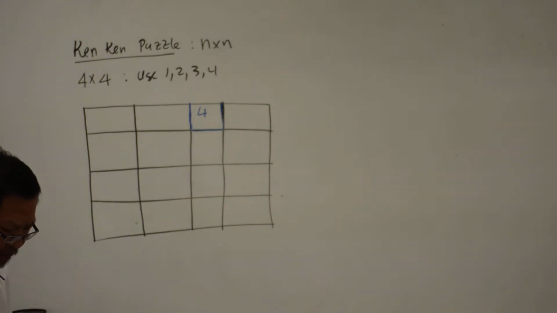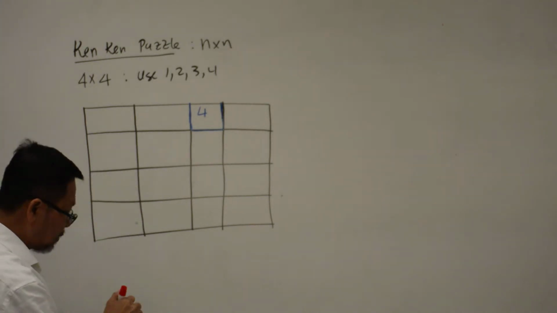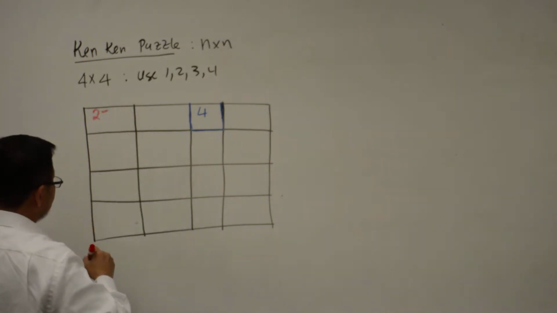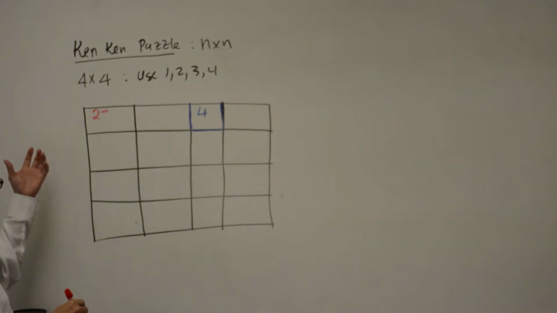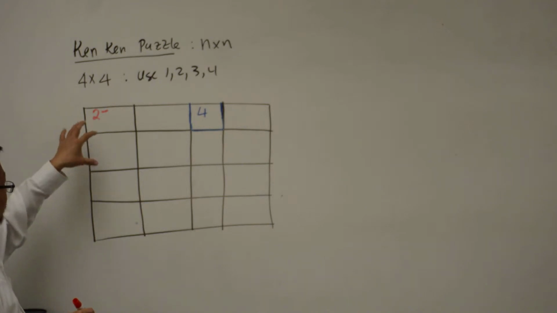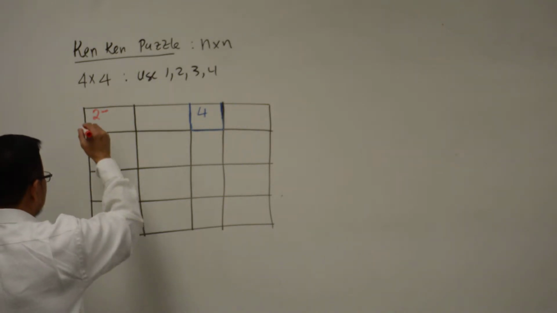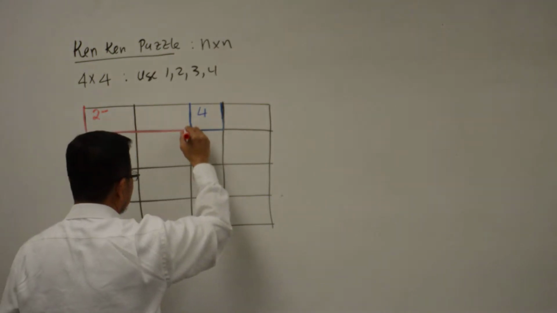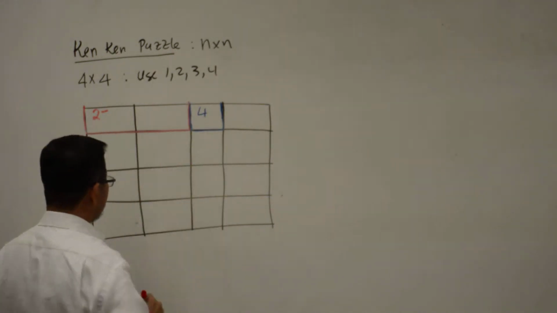So we have 2 minus, that means you have to find numbers that subtract to equal 2. So this 2 is given here. That's a cage, a cage of 2 here. Okay.